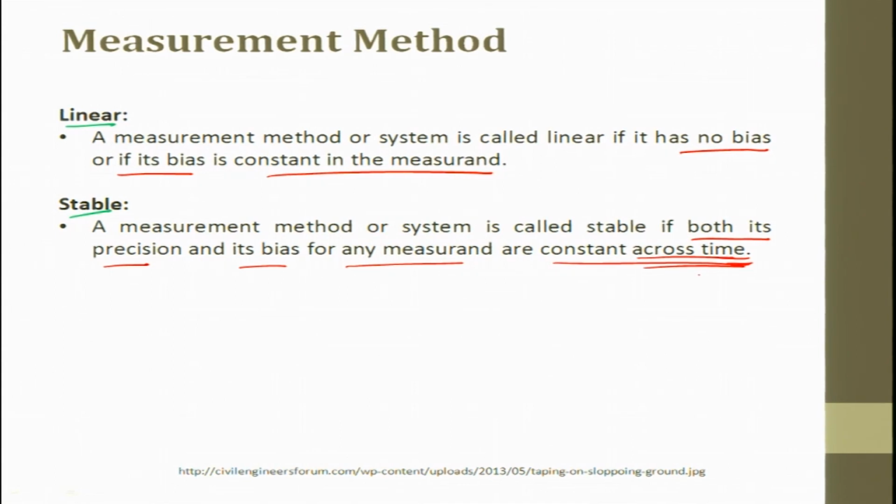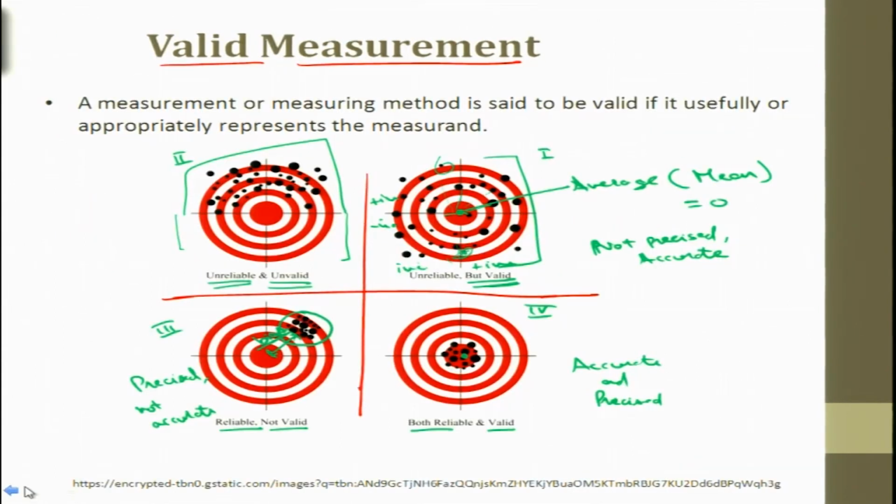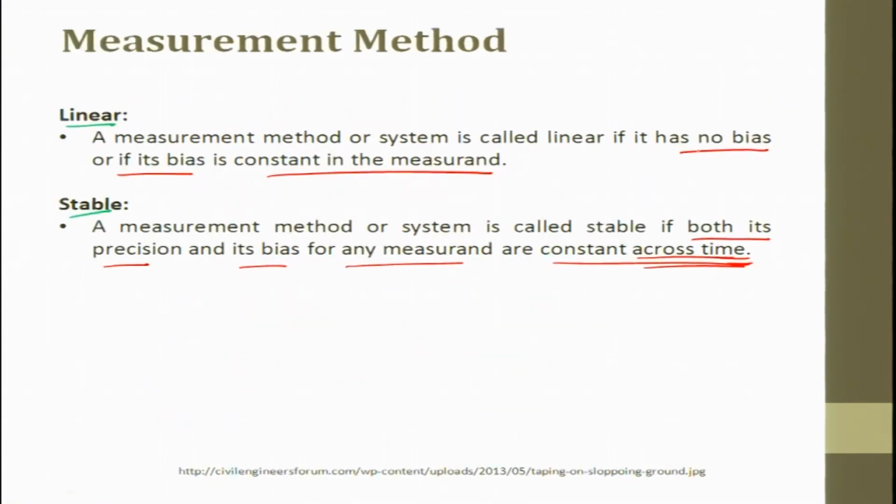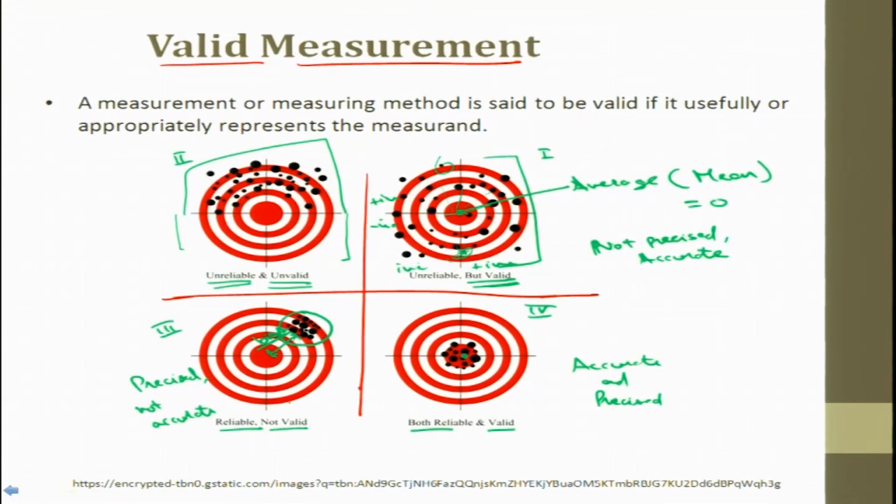So, linear and stable. Could you please see which is the linear measurement here? Just see the definition again. It has no bias, or if it has, its bias is constant in the measurand. So, I think this is linear and this is linear.